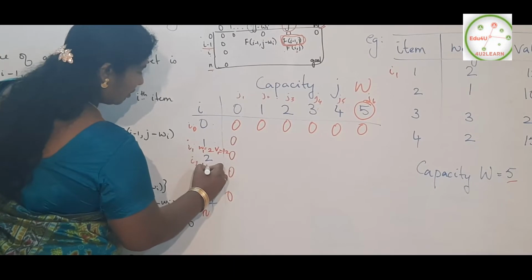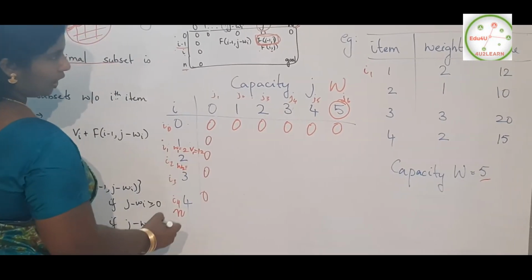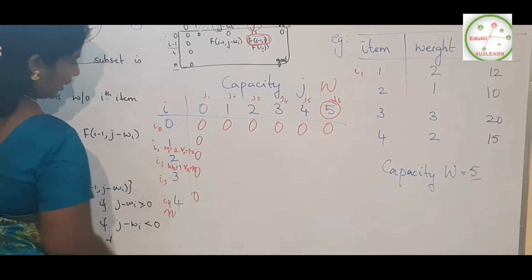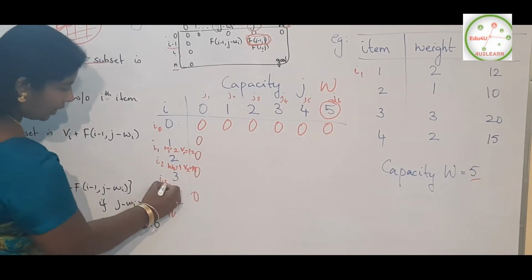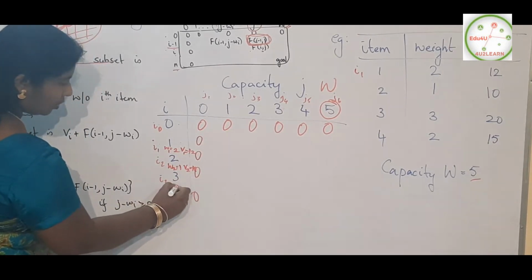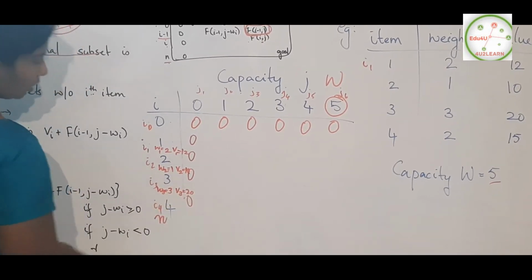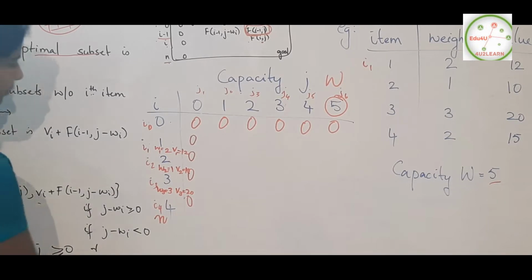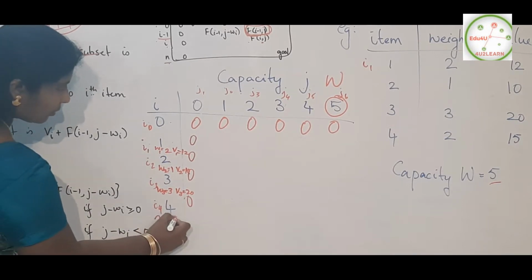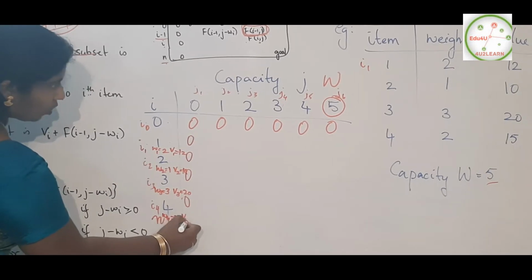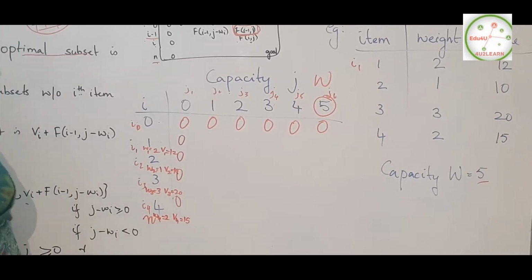This item number 2 is going to be of weight 1 and value is going to be 10. When it is going to be item number 3, this weight is going to be 3 and value of it is going to be 20. So here similarly, item number 4, weight is 2 and value of it is going to be 15.